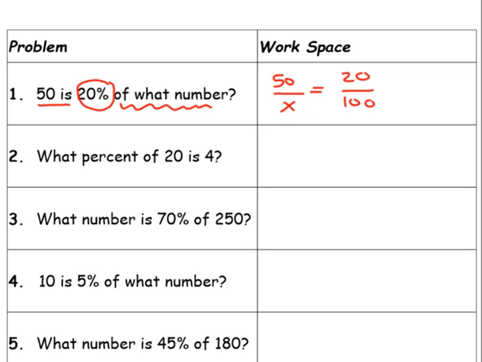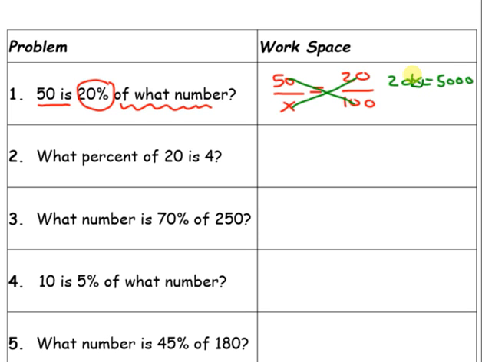So when we cross multiply, and I don't have a lot of space here, so I'm going to just sort of solve it as we go along. We're going to get 20x equals, and 100 times 50 is going to give us 5,000. Okay.